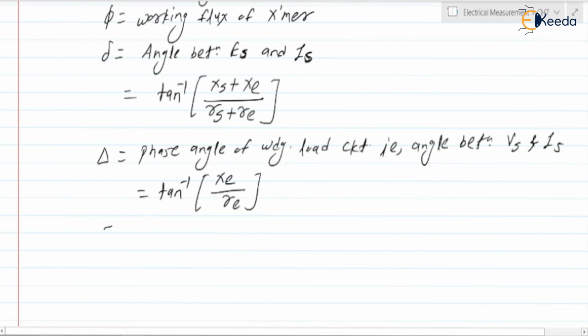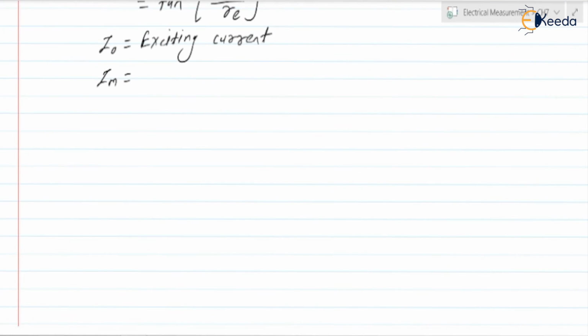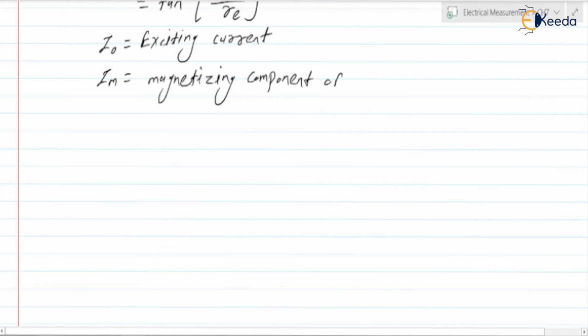I0 is the exciting current, that is the no load current. Im is the magnetizing current, or the magnetizing component of exciting current I0.